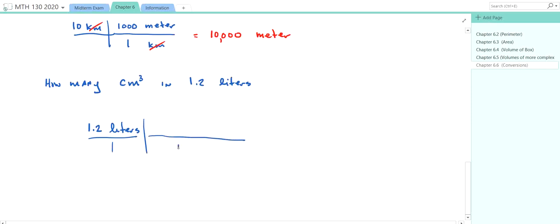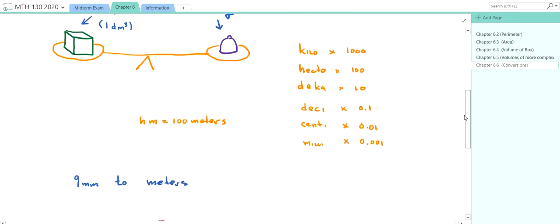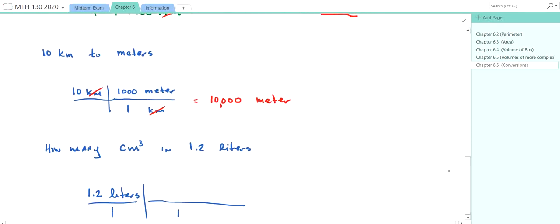Well, I know from my picture up here, I can deduce that a deciliter is 0.1 meters.